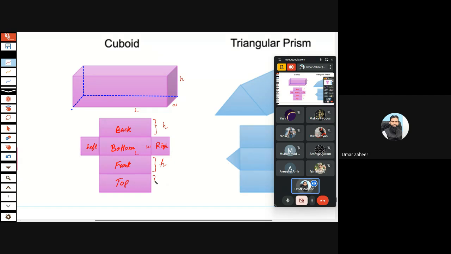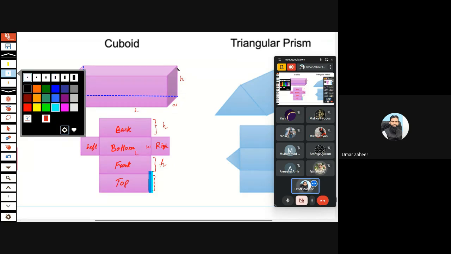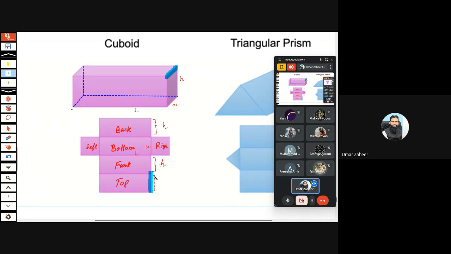And what is this one? Anyone have an idea? Is it length, height, or width? Width. Yes, it is width. It is this one. So we get the width here.